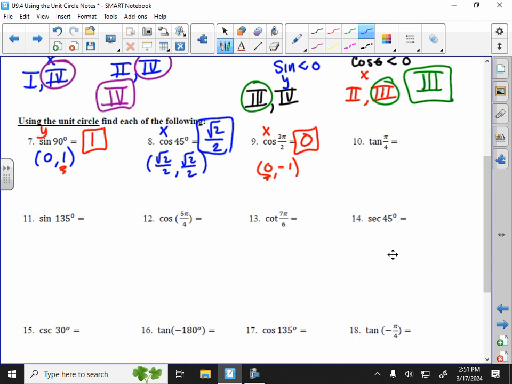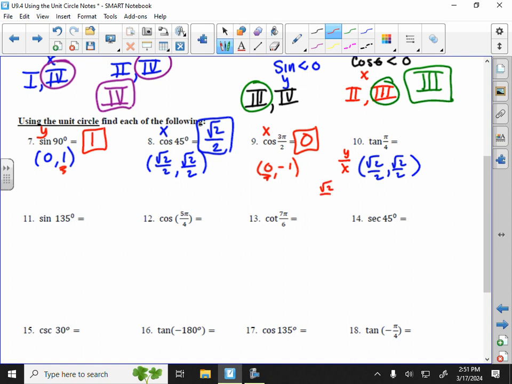All right, tangent pi over 4. So that's where 45 degrees is again. So that's root 2 over 2, comma, root 2 over 2. And tangent is the y divided by x formula we want to remember, y over x.